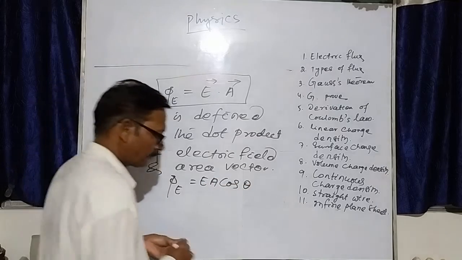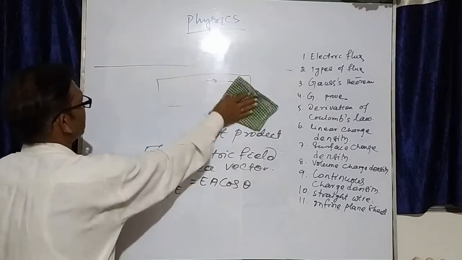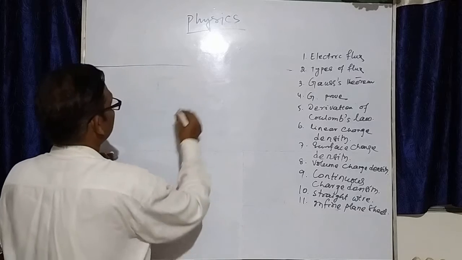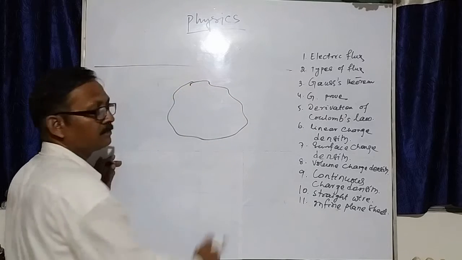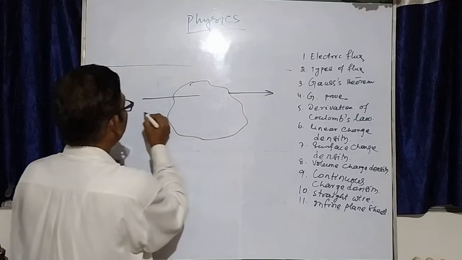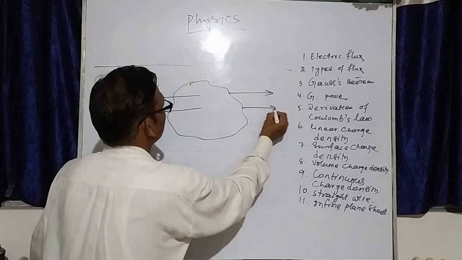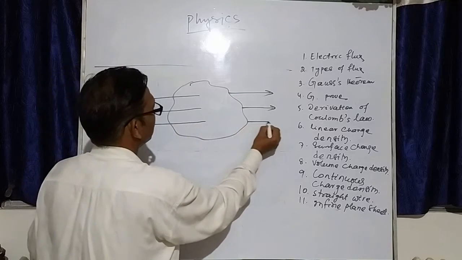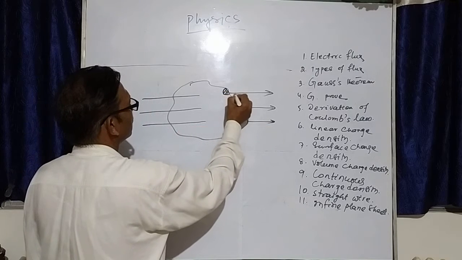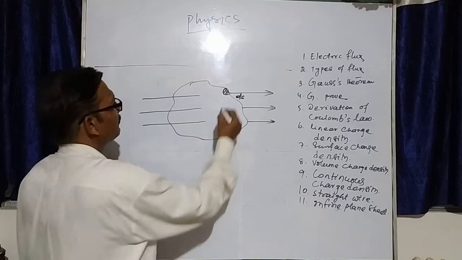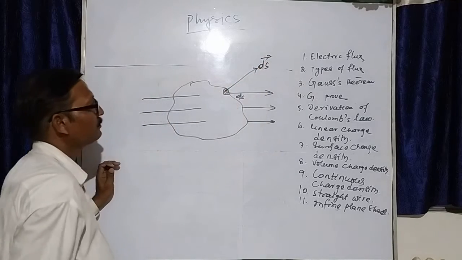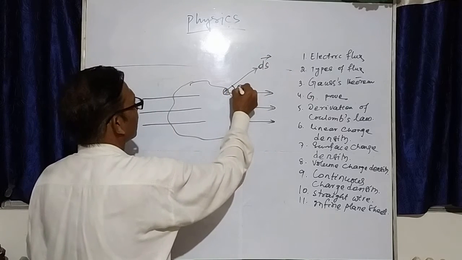Next, you see this is an imaginary surface, lines of forces pass normal to it. Consider a small area ds, you can write this as ds vector normal to the surface, and the angle is theta.